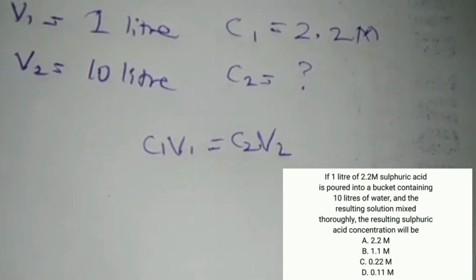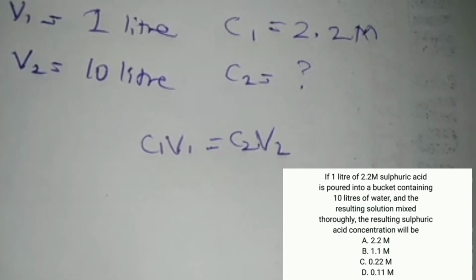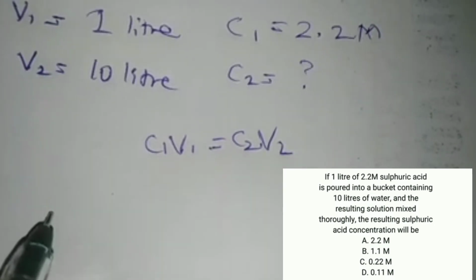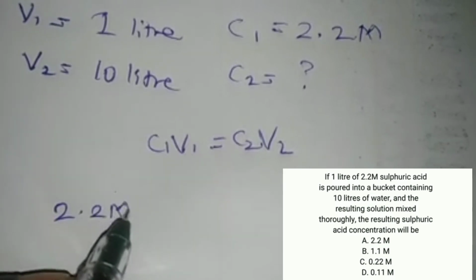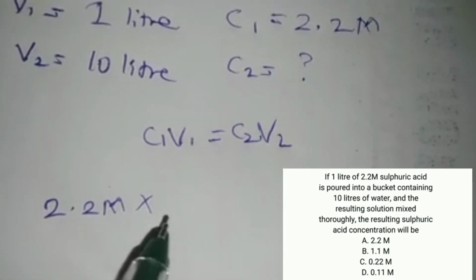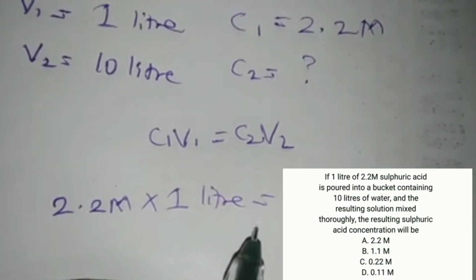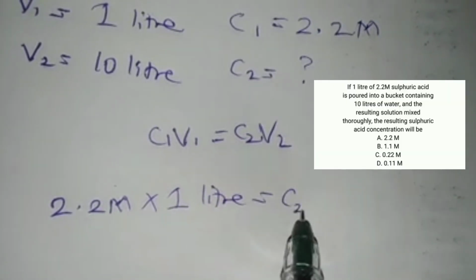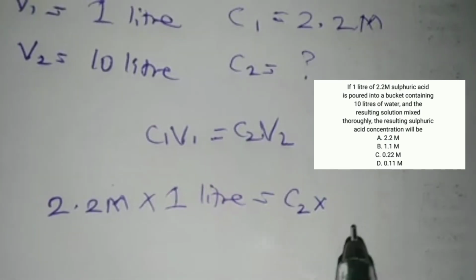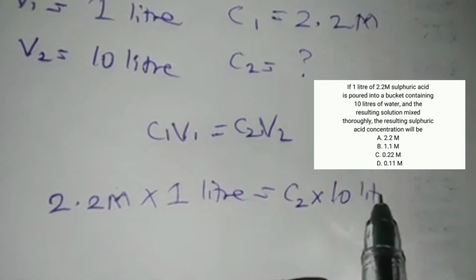All right. So my C1 from the question is what? 2.2 mole. So I'll write 2.2 mole times my V1, which is 1 liter, is equal to my C2, which I don't know, times my V2, which is 10 liter.